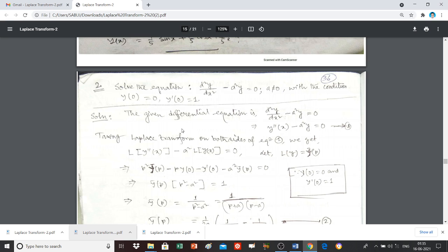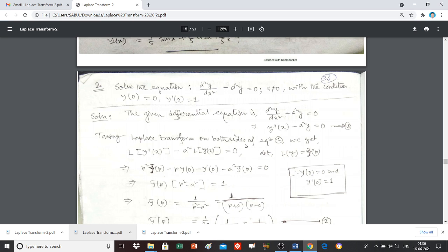Now taking the Laplace transform of both sides of this equation, that will provide you L of y double prime(x) minus a square L of y(x), equal to 0. You know that the Laplace transform of 0 gives 0, because the Laplace transform of c is c by p. In this case c is 0, so 0 by p, that means 0.